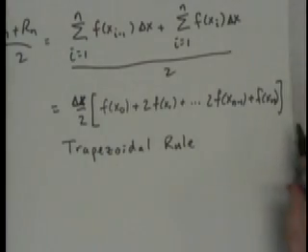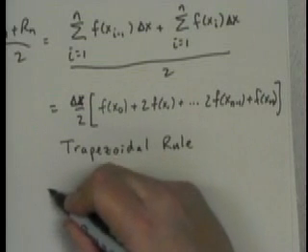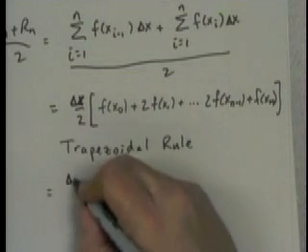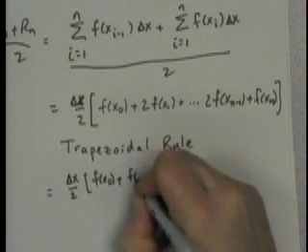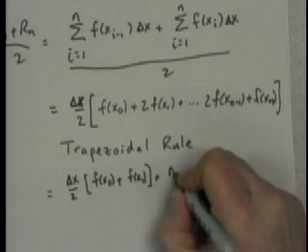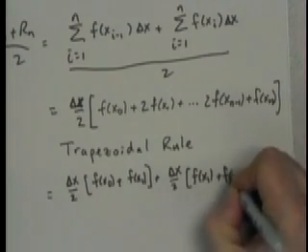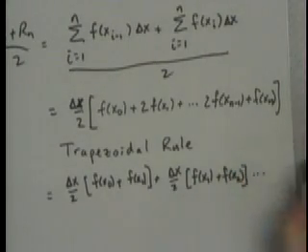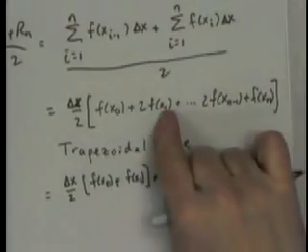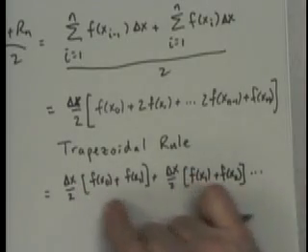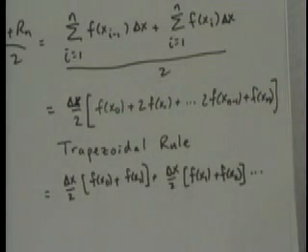The reason we call this the trapezoidal rule is because this formula actually, if you think about it in a different way, if you separate these out into pairs, you can have f of x0 plus f of x1 times delta x over 2, plus delta x over 2 times f of x1 plus f of x2, and so on down the line.